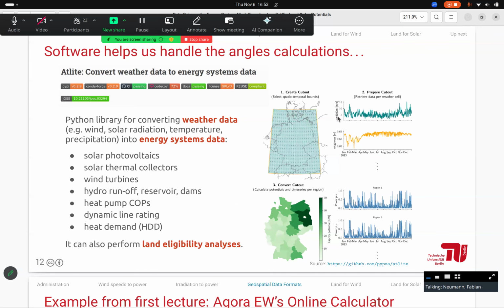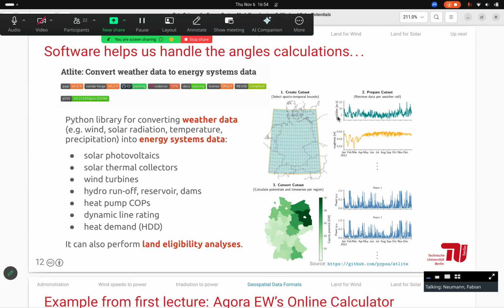And even on transmission systems, you have ambient conditions that can play a big role, the so-called dynamic line rating, where when it's very cold and windy, in principle, you can run more current through transmission lines due to the increased cooling effect. So there's several different angles from which weather data enters energy systems, not just on the production side, but also on the heat side and the transmission side.